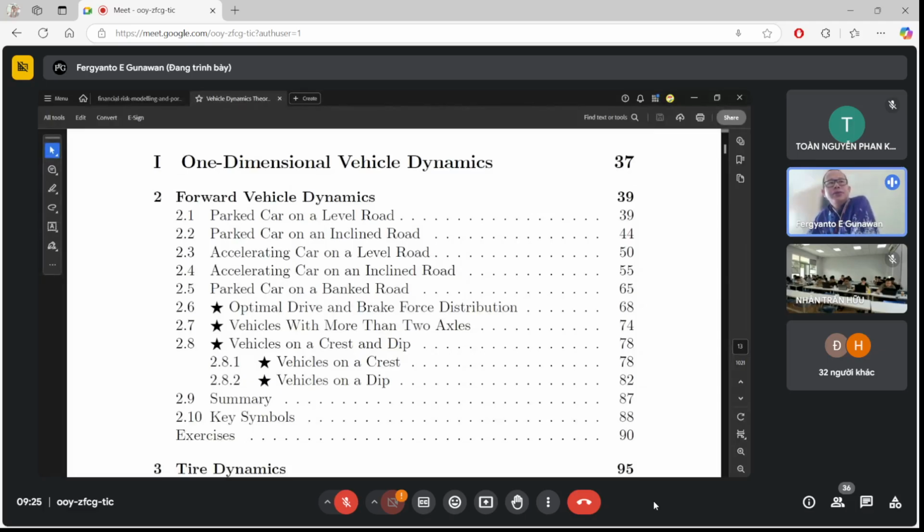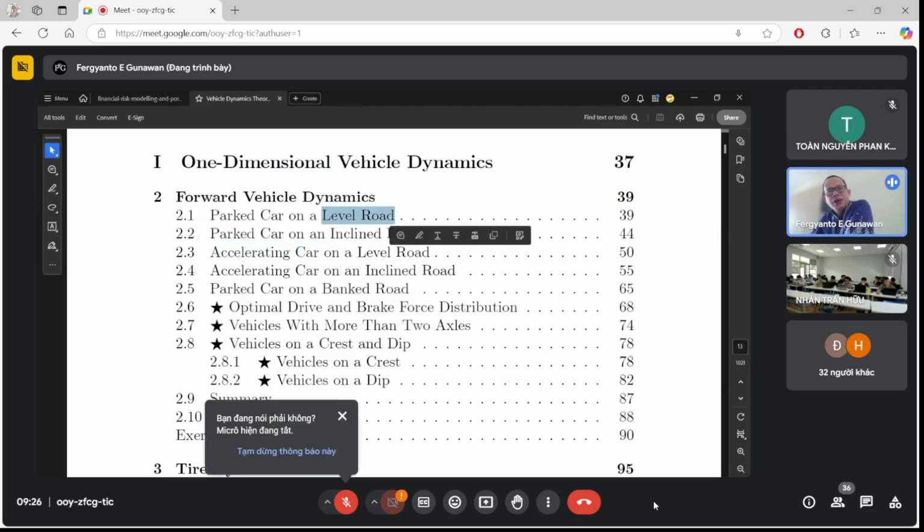At the beginning, I think you remember that we discussed vehicle forward dynamics, and it was very simple. We applied equilibrium equations, and we derived equations to compute the acceleration of the vehicle, and mostly we focused on the level road and also on the inclined road.